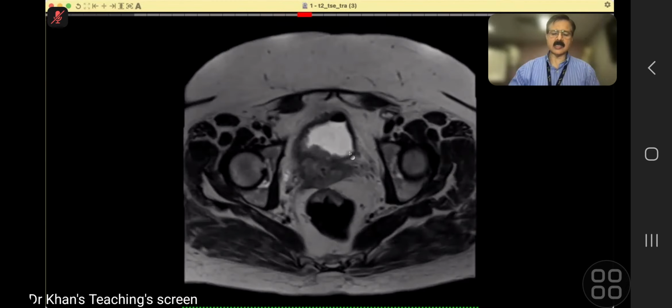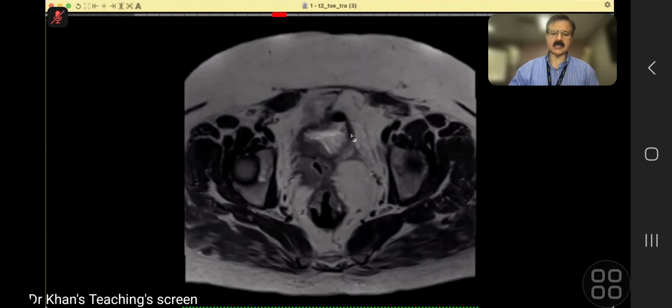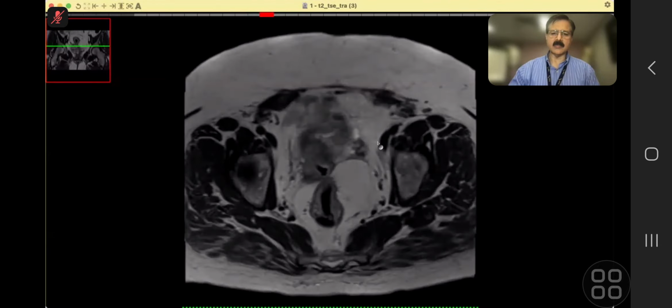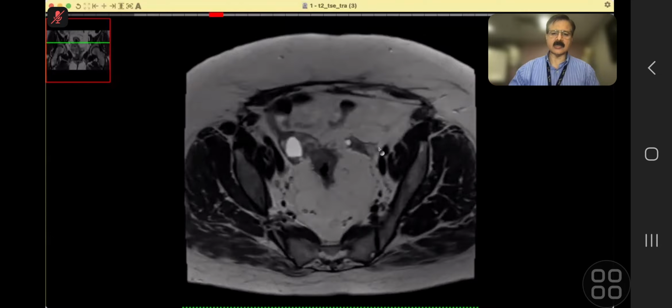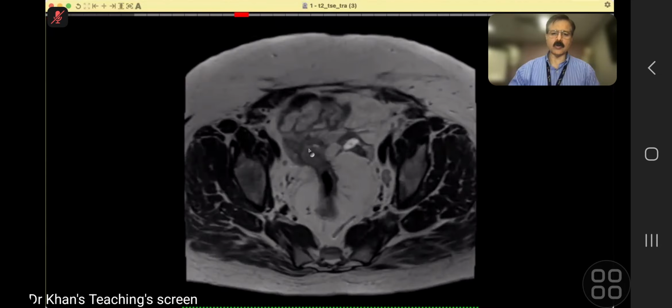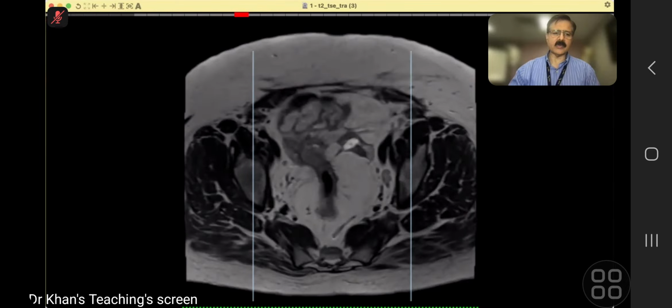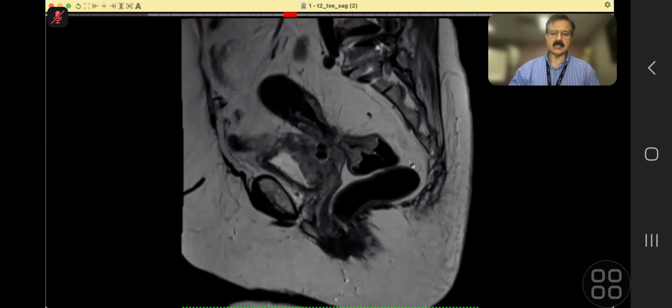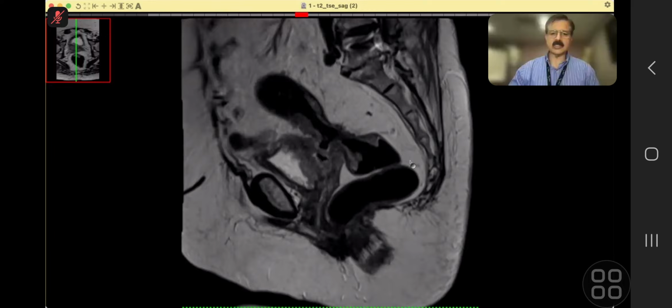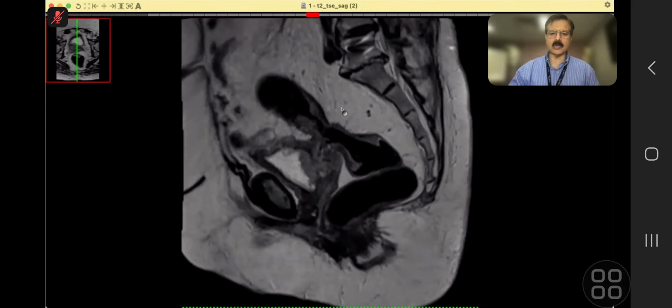Now, this is the urinary bladder. The tumor is invading. There is a gas bubble here, meaning that there is a fistula. Ovarian follicles, left side, right side. And then when we go to the sagittal, this is it. Now, if you just imagine an annular apple core type of tumor, this is what it was.